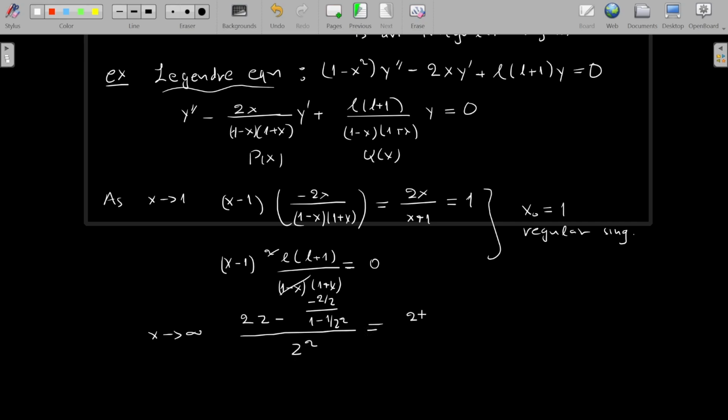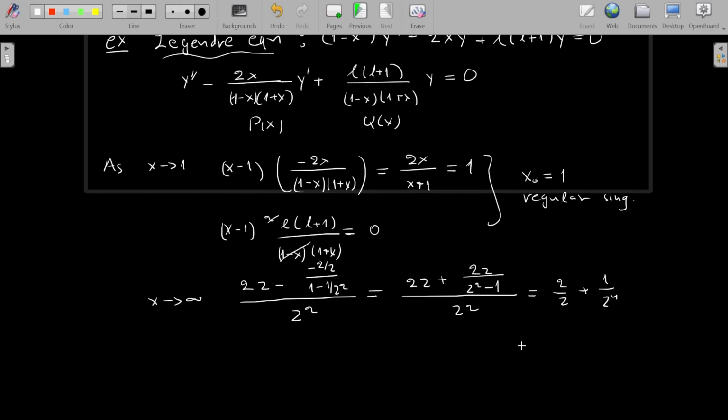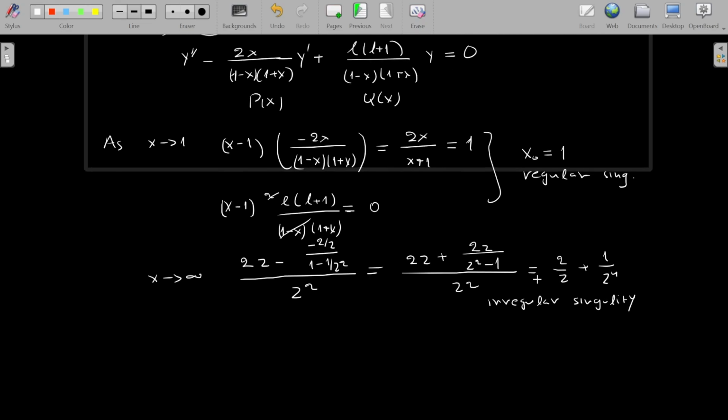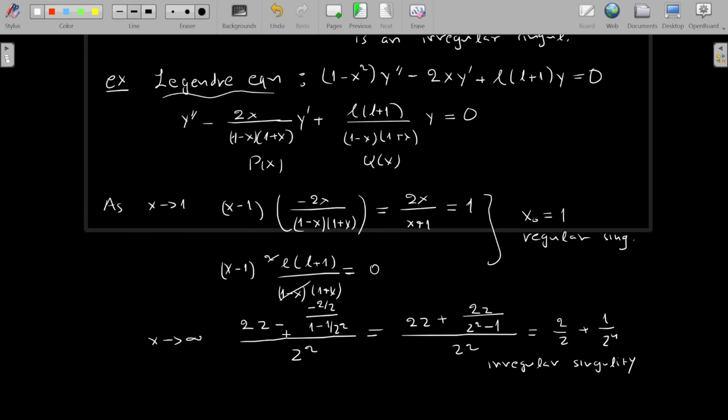And this is nothing more than 2z plus 2z over z squared minus 1 over z squared, and 2 over z plus 1 over z squared, right? So it is indeed an irregular singularity at infinity. Again, for the Legendre function. Here, right? We're only keeping the relevant terms.